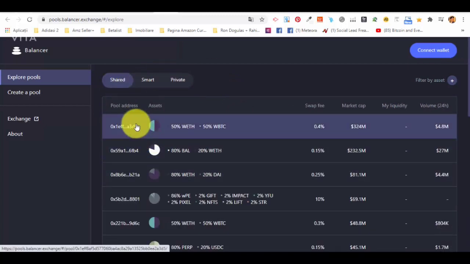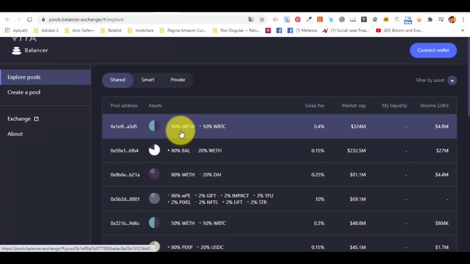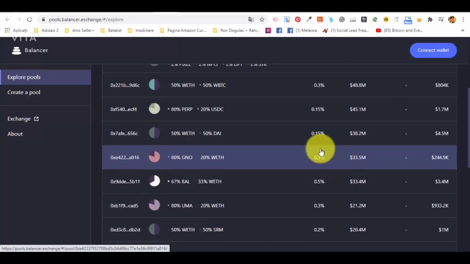This is some kind of yield farming which you have seen before, and you can earn swap fees. People put their resources together in these pools, for example, and make exchanges between two tokens. The swap fee is 0.4%, so that's what you earn.